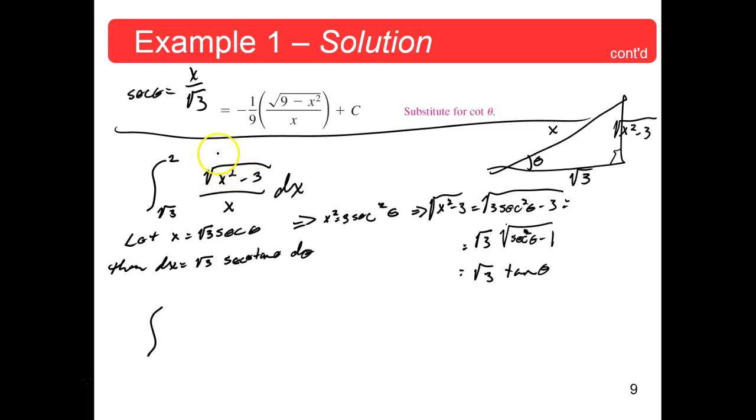What is the square root of x squared minus 3? The square root of 3 times the tangent of theta. Okay? What is x? Okay? So that root 3 is going to wipe that one out, and this will be secant theta. And what's your dx?